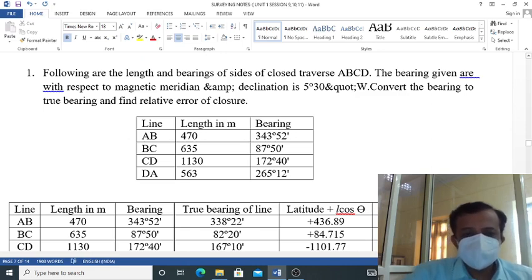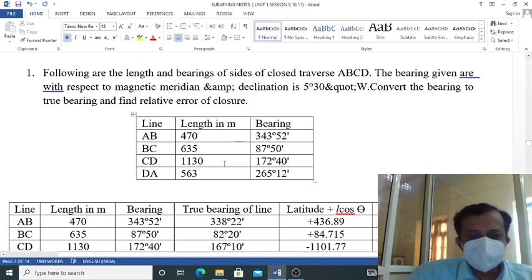So the lines and bearings are given. AB is 470 meter and the bearing is 343 degrees 52 minutes. BC is 635 meter, 87 degrees 50 minutes is the bearing.